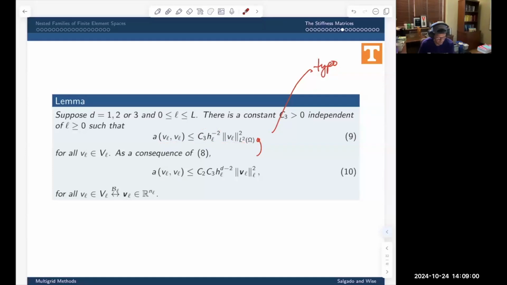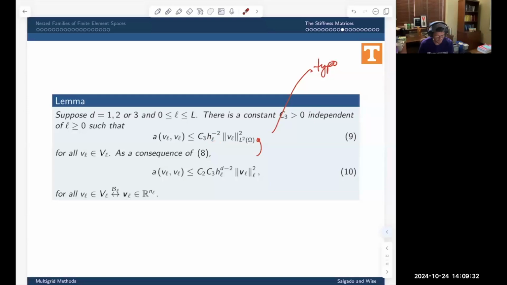Now, what we notice is that you can't beat a derivative norm with an L2 norm with no derivatives unless you pay the price of dividing by factors of HL. So the price of saying that a norm with no derivatives beats a norm with derivatives is that I have to pay the price of an HL to some power.